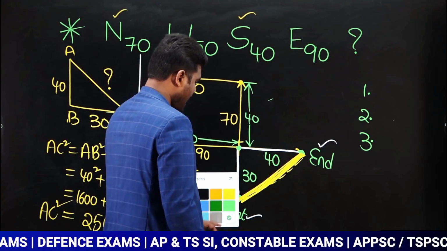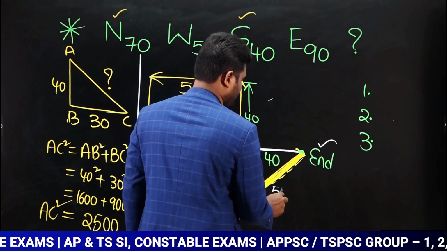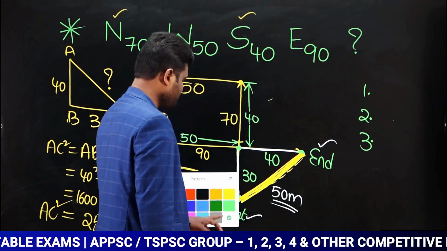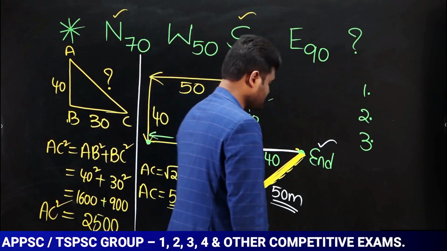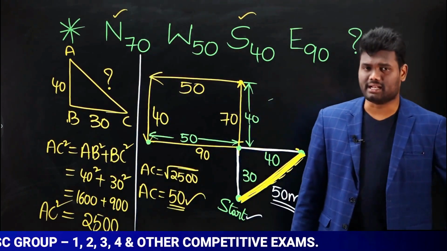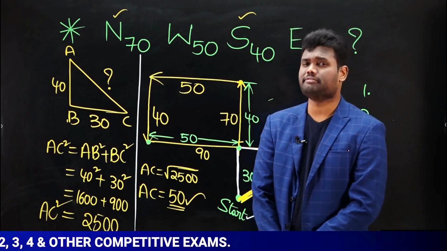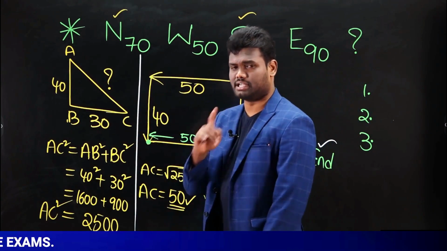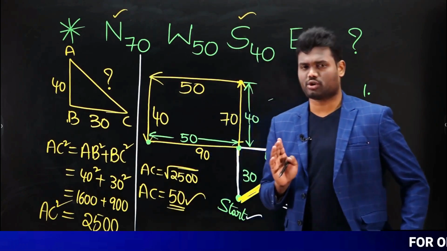So we can say answer for this question is going to be 50. So distance between starting point, ending point is how much? It is 50 meters. Is it clear? Very, very, very important. Look here, these type of questions also come in examination. So definitely you need to know Pythagoras theorem.